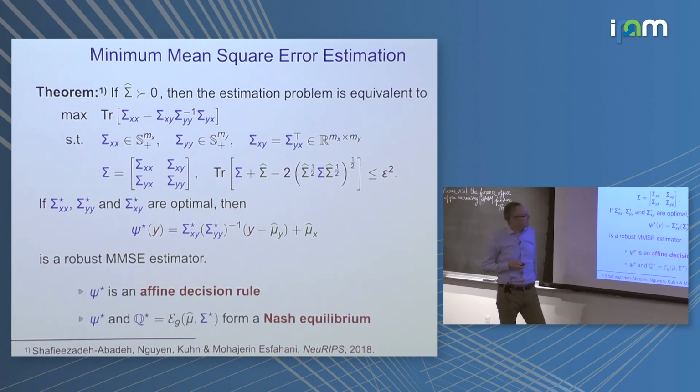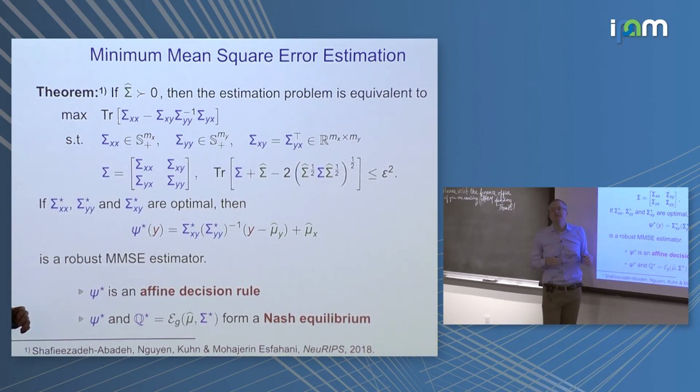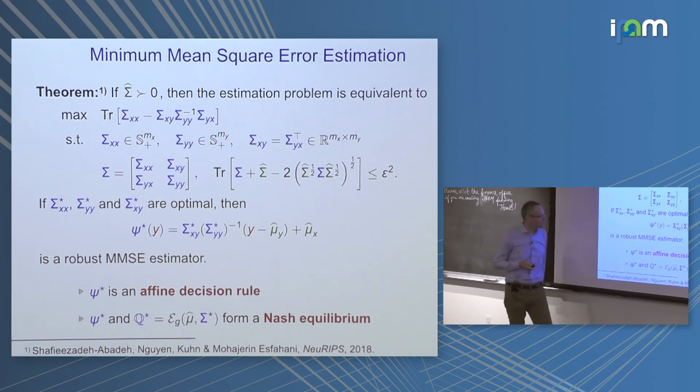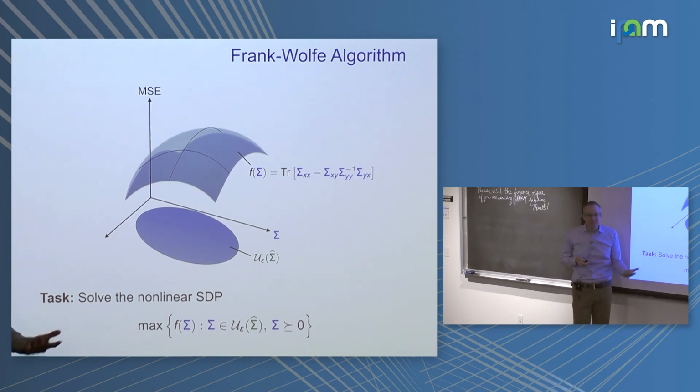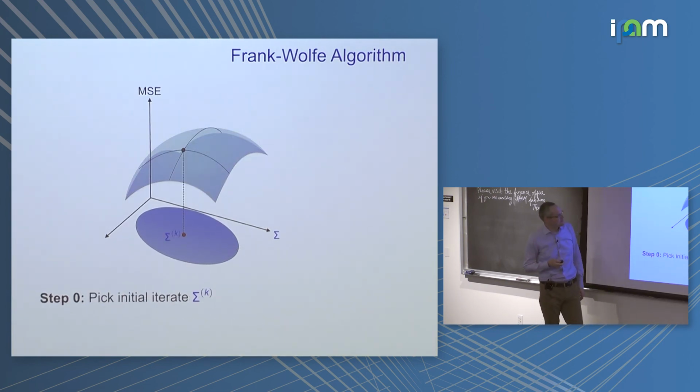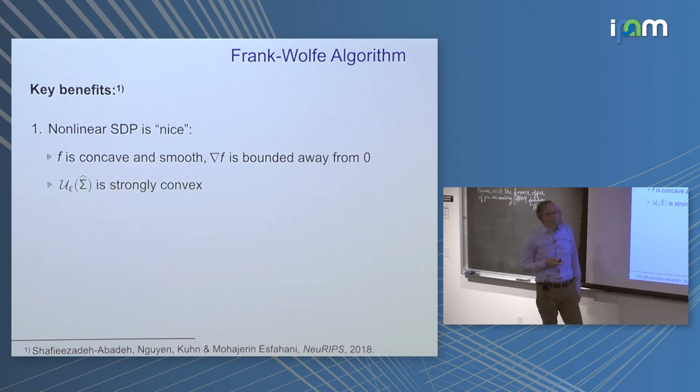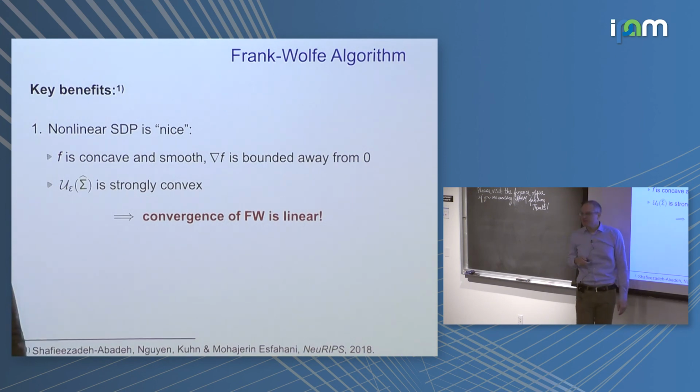And this problem could be reformulated by using Schur complements as an exact, simple linear SDP, but this would be a very large one and would be difficult to solve. So what we actually developed as well is a Frank-Wolfe algorithm to solve the nonlinear problem directly. And this algorithm has two nice properties. The first one is that it converges linearly. So that means we don't need many iterations.